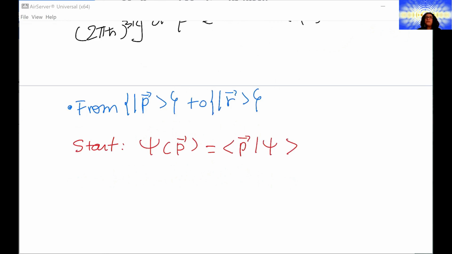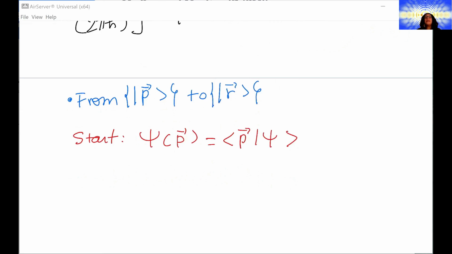And what you find is that psi P, using the closure relation in R, is the integral d3r <p|r><r|psi>.